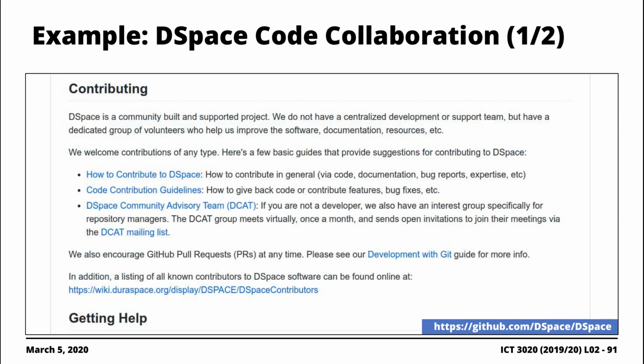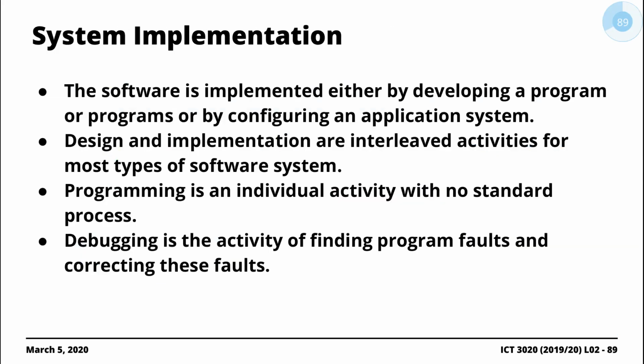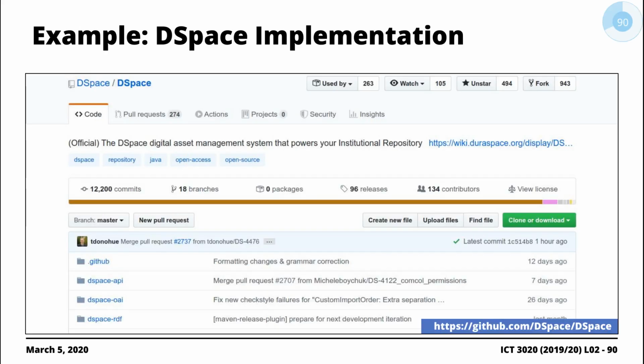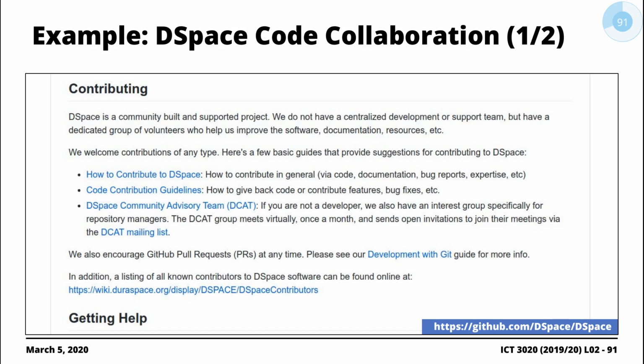And so remember we mentioned earlier that programming is an individual activity, right? So a question to ask is, how exactly do you go about harmonizing different contributions coming in from different programmers, right? It turns out that it's fairly common to come up with a set of rules that dictate exactly how people interested in contributing source code will go about doing that, right?